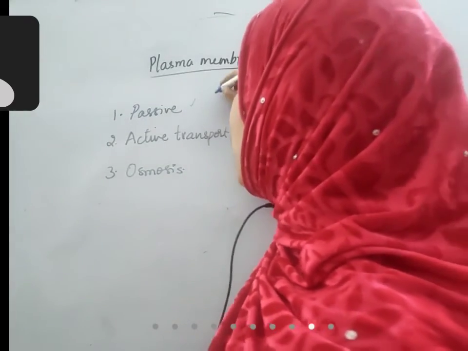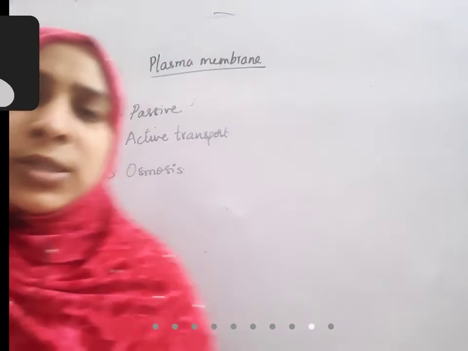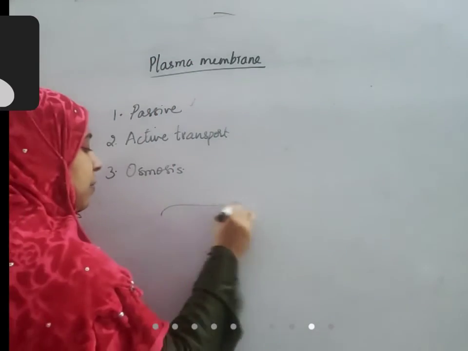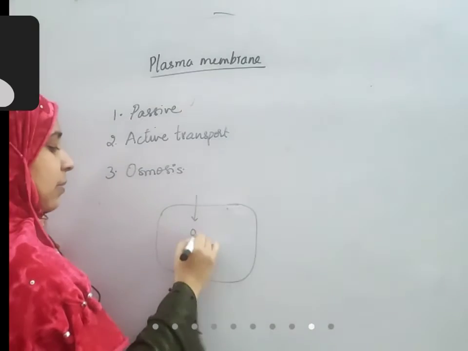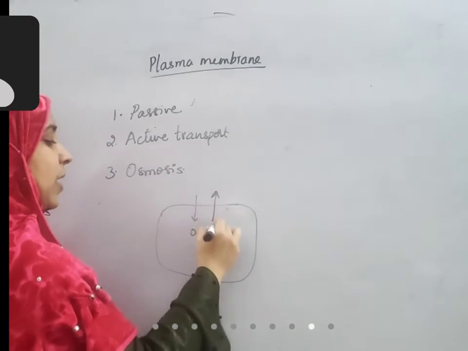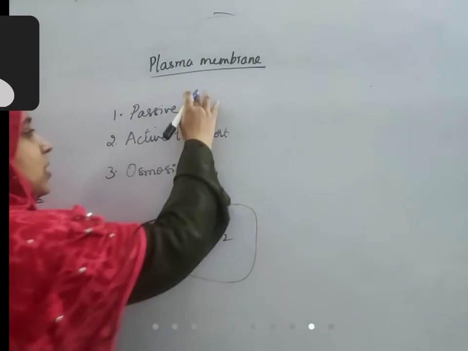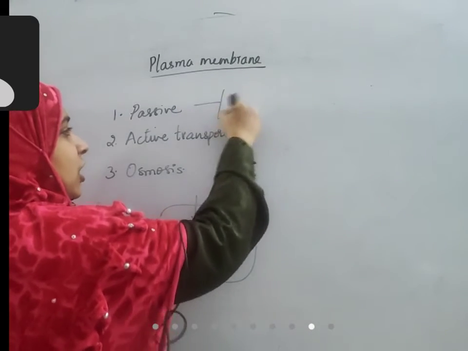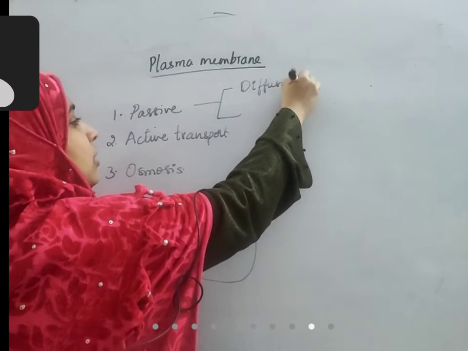Passive transport does not require energy. Molecules easily pass through the cell membrane. For example, oxygen molecules easily pass through the cell membrane inside. Carbon dioxide easily passes through the cell membrane outside. This process does not require energy. Okay, this is called diffusion.